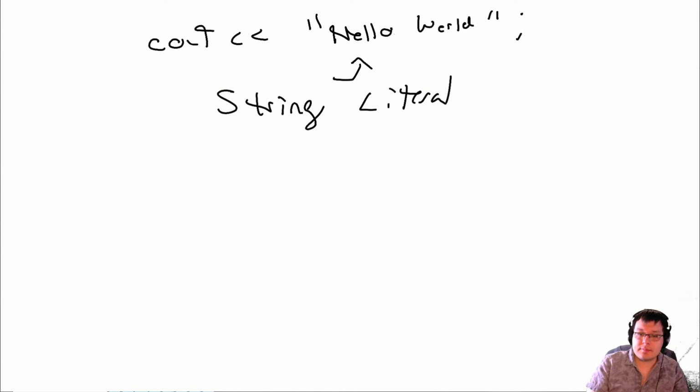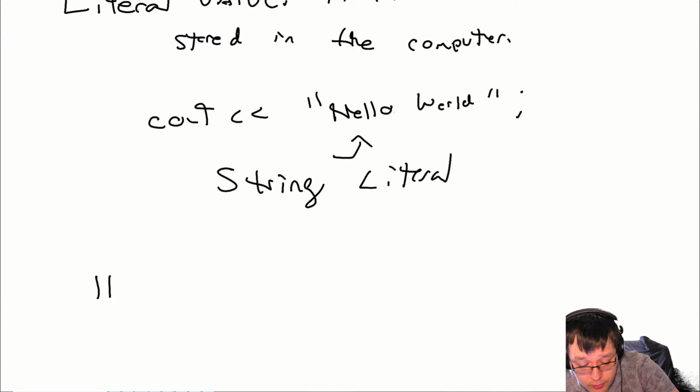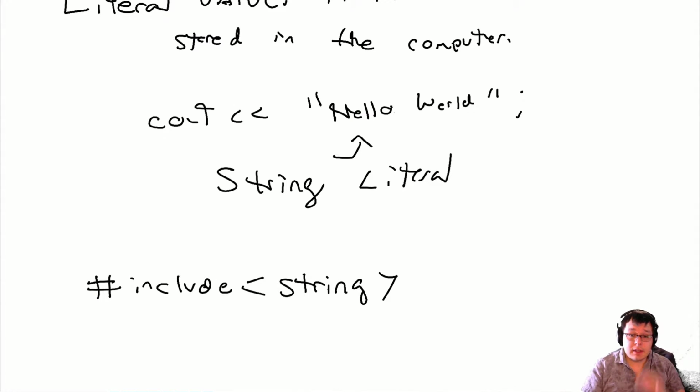But anyways, the string data type, as I said, is not built in, which means that if you want to use it, in theory, you should include another preprocessor directive. We've learned iostream. This is the second one we learned, called string. Include string. You need to put this in because string isn't part of the language, so it gets added in. That's more of the ideal. However, most compilers will add it for you, so you never have to add it.